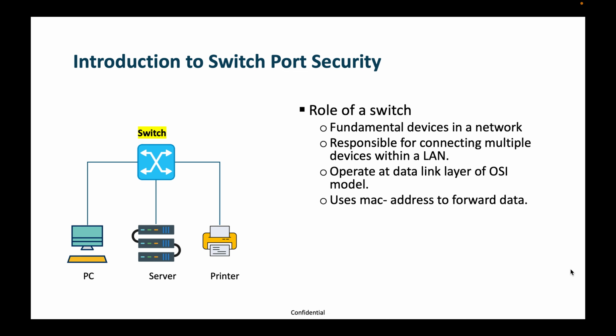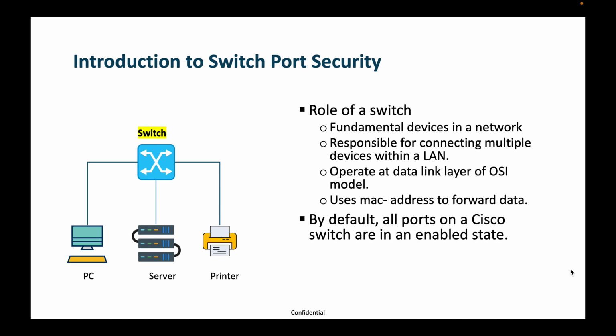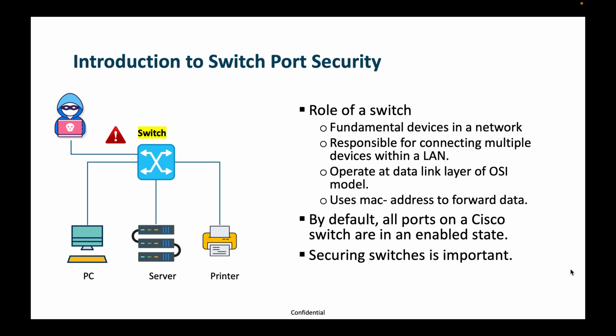By default, all ports on a Cisco switch are in enabled state, and anyone can potentially connect to any of those ports, posing a security risk. So, securing the switches is really important to prevent unauthorized access to the LAN and ensure the integrity and reliability of the network.